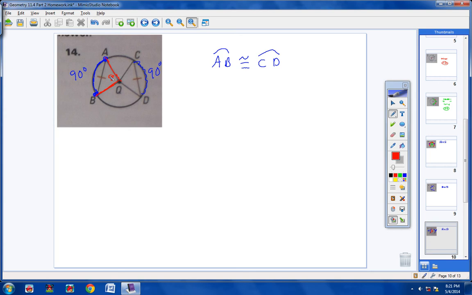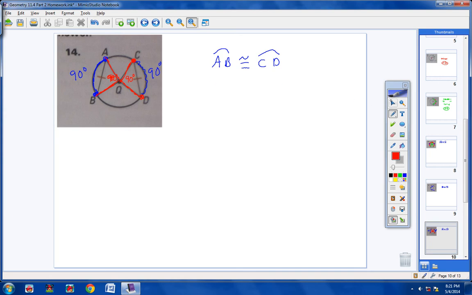Now do the same thing. That's a pretty bad 90, isn't it? Let's do the same thing over here. Here's the end points of your arc. Now follow your end point down to the center. If this arc is 90, which by the way, I don't know if it's 90, but just follow my reasoning here. If this arc is 90, what does this angle have to be? 90. So I don't care what these two angles are, they're congruent.